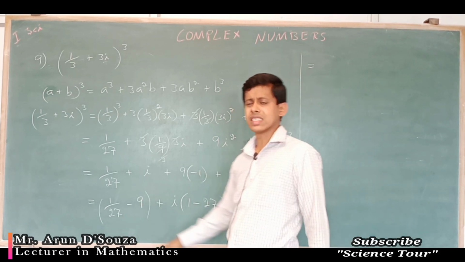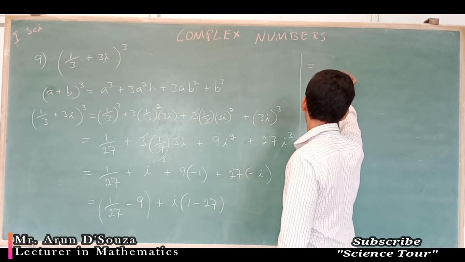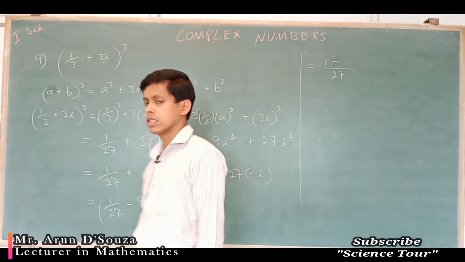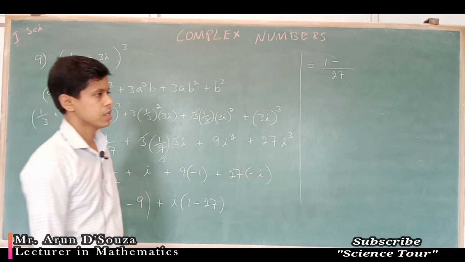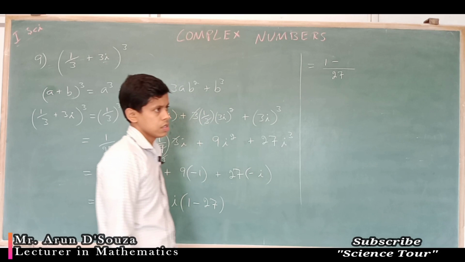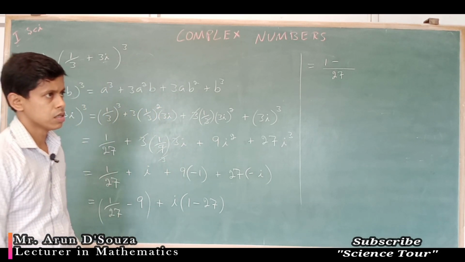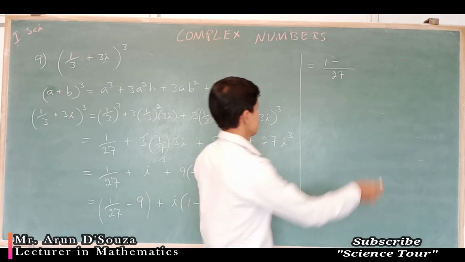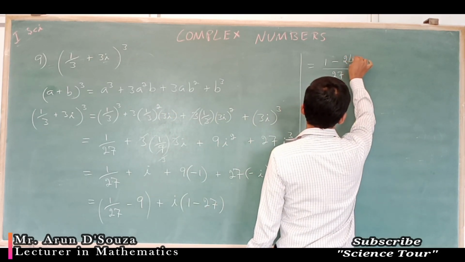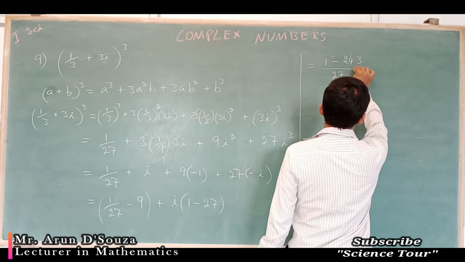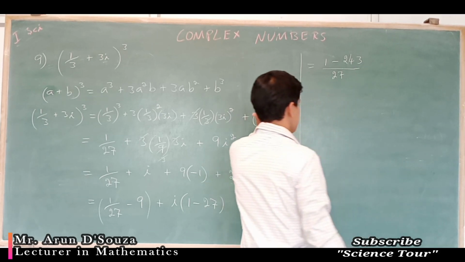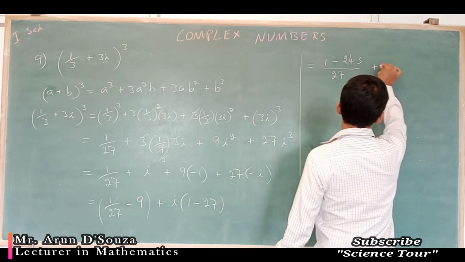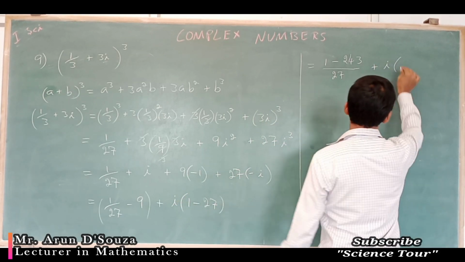Take LCM 27, and this is 1 minus 9 into 27, correct? So that is 1 minus 243. So this is minus 242 by 27. Right. Okay. Then this is i into minus 26.